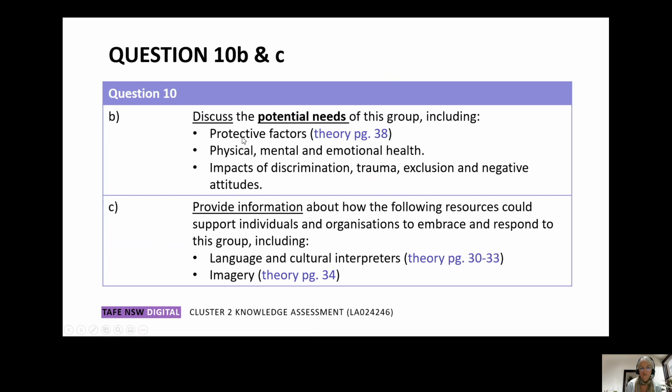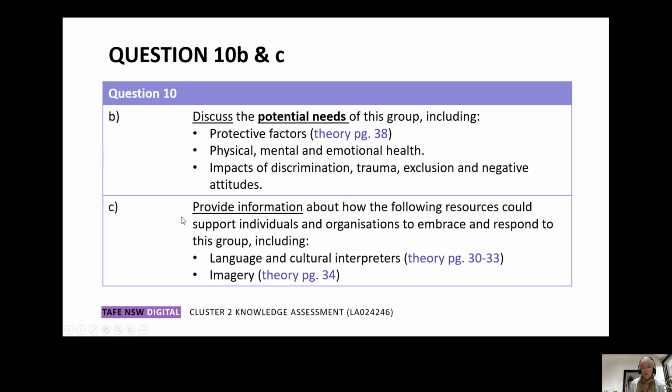All right, so give some examples, discuss. When it says discuss, it doesn't mean just list some bullet point answers underneath protective factors. It means discuss the protective factors. So, a few sentences discussing protective factors and the other areas of potential needs: physical, mental, and emotional, impacts of discrimination or trauma, exclusion, and negative attitudes.